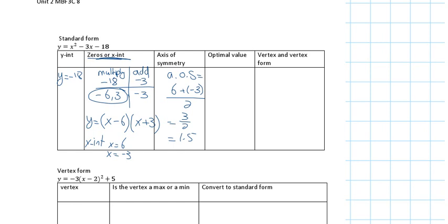Now I have to find my optimal value. To find the optimal value, I have to plug in my axis of symmetry into my equation. I can pick either one. Okay? So let's pick the original, plug in for x, and solve.